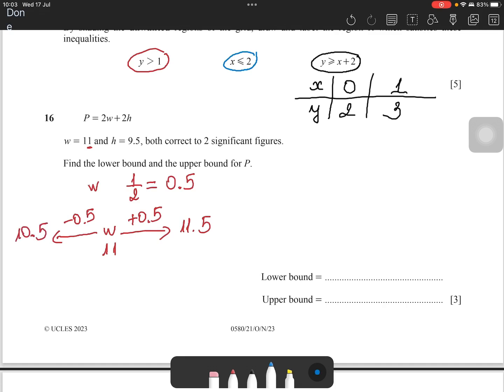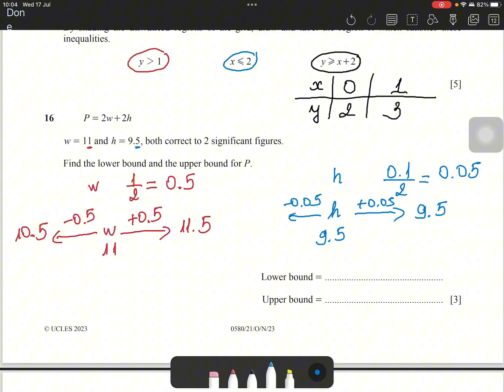Next, the second significant digit of H is in the tenths place. So for H, we need to divide 0.1 by 2, which is 0.05. Now, we will add and subtract 0.05 from H, 9.5, to find the upper and lower bound. 9.5 plus 0.05 is 9.55.